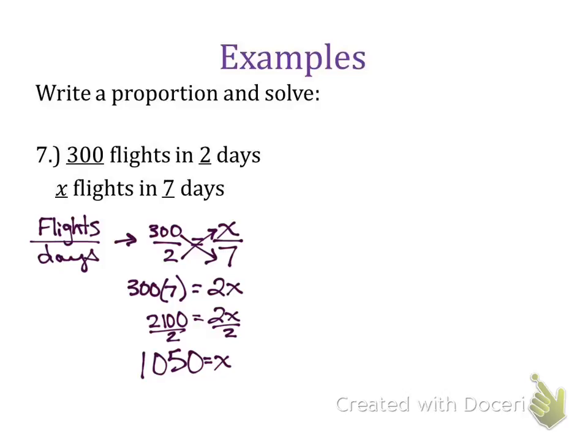So going back to the context of the problem, if I'm a pilot, or some sort of air traffic controller, whatever, if I'm dealing with flights in days, 1,050 flights in 7 days. I also want you to realize what word it pertains to. That's what I'm going to look for in the homework classwork that we're going to do today.